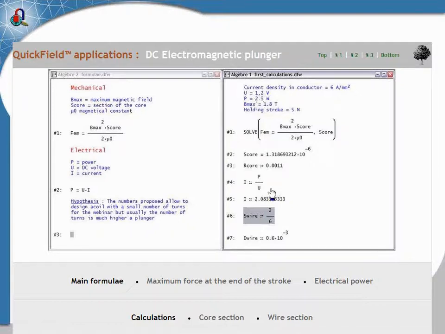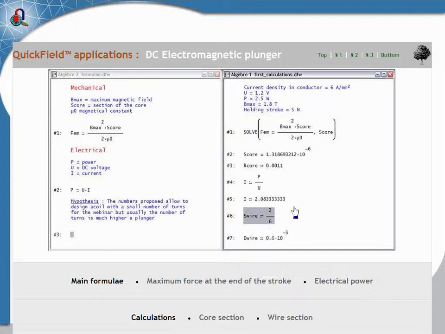So as we have a power of 2.5 watts and a voltage of 1.2 volts, we will have the current, which is 2 ampere, and that will give us the diameter of the wire, the diameter of the winding.